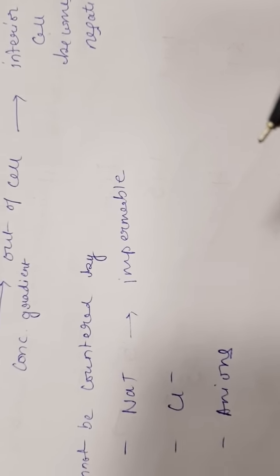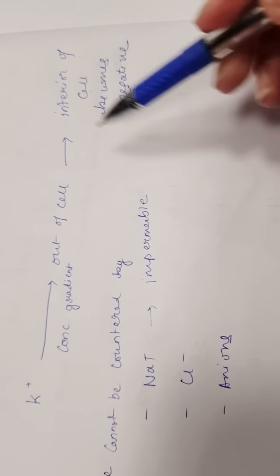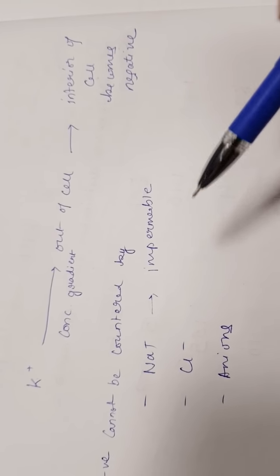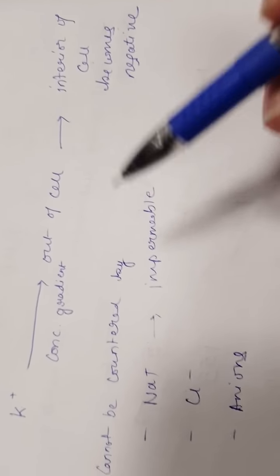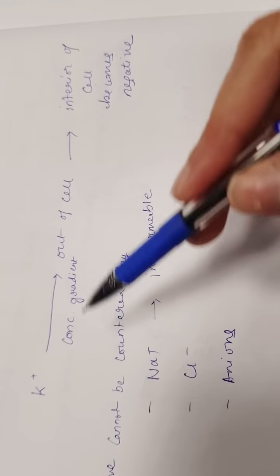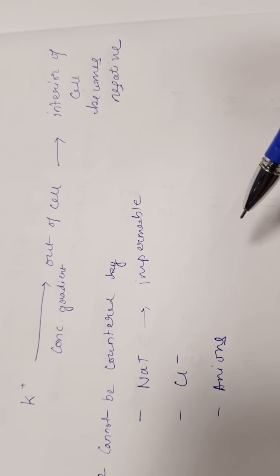Now this negativity then tries to attract the outgoing potassium back into the cell. So the cell is negative, and none of the other ions can help to restore normality. So the cell tries to attract the potassium back into the cell. Potassium is going out, creating negativity. The other ions cannot help, so the cell is trying to bring back the potassium into the cell.